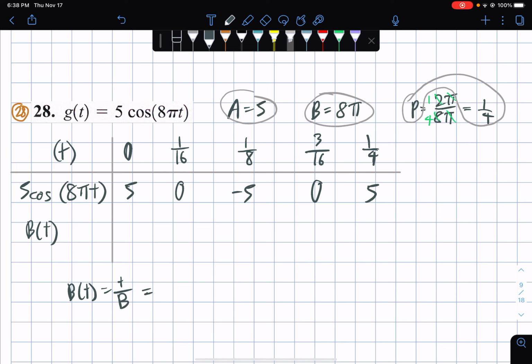So for instance, if t is 0 divided with 8 pi, it's basically 0. And if the t is 1/16, it's 2.49. Then if this is 1/8, the bt is 4.97, then 7.46, then 9.95.